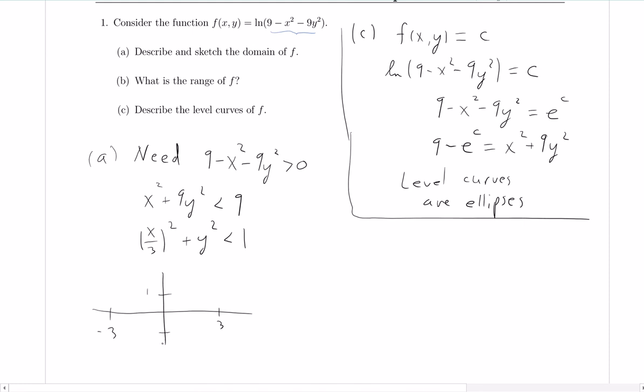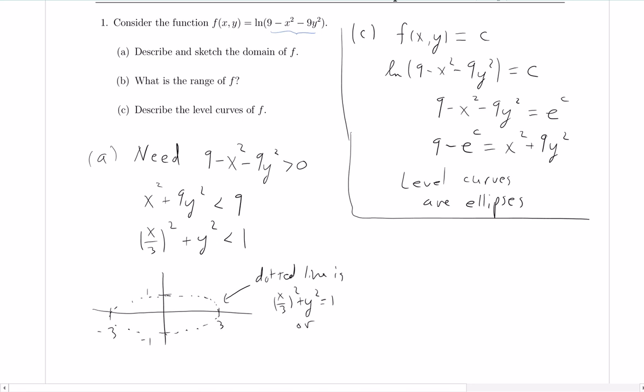So I'm going to draw this ellipse dotted right here. So the dotted line is the ellipse given by this equation, where it's an equal sign.